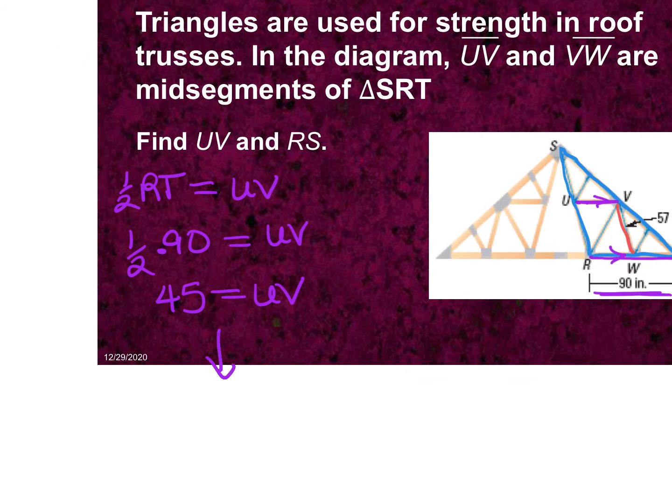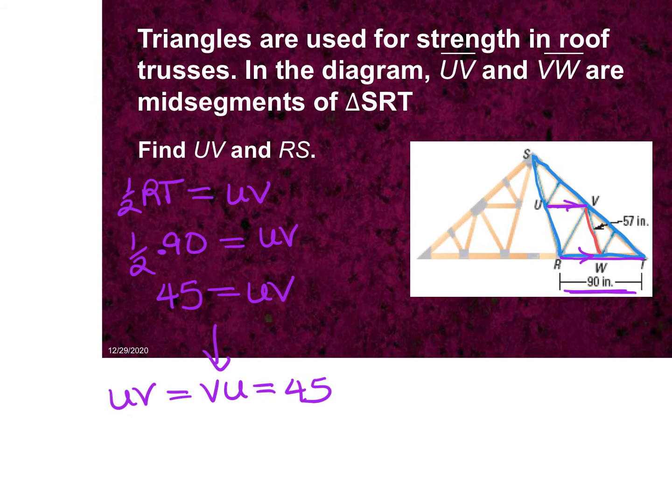Now remember, UV is really the same thing as VU. For segments, you can reverse the letters. So just be aware that mid-segment UV or VU is equal to 45. Now let's work on finding the length of RS.